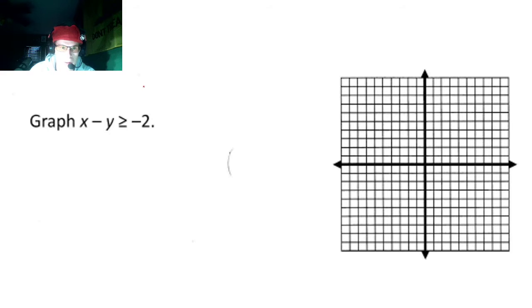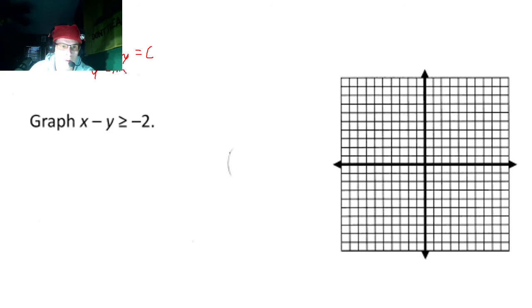Alright, so let's do this one real quick. Graph x minus y is greater than or equal to negative 2. Okay, so when we're doing this, we want to convert. First of all, you notice that this is in standard form. To make it easier on us, we want to convert it to slope-intercept form.